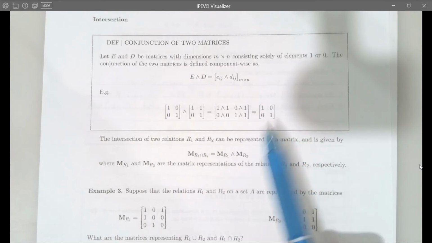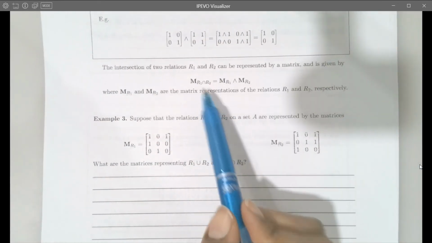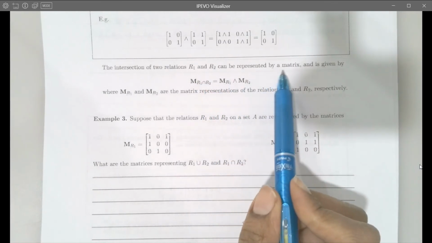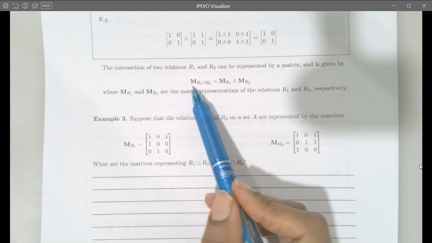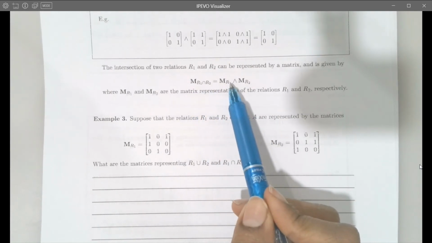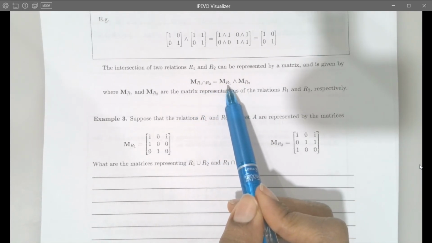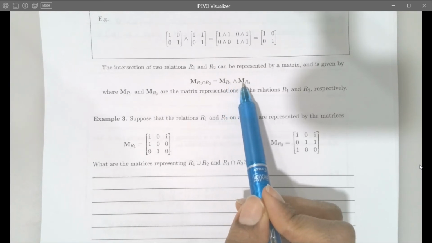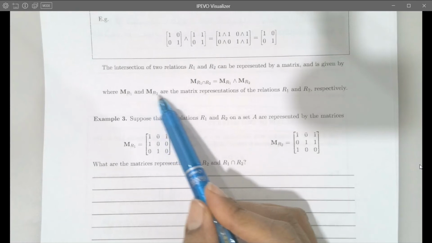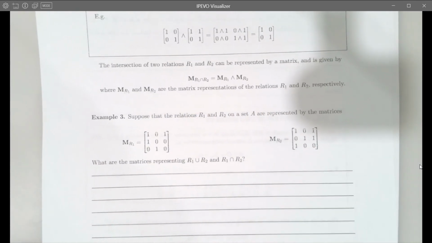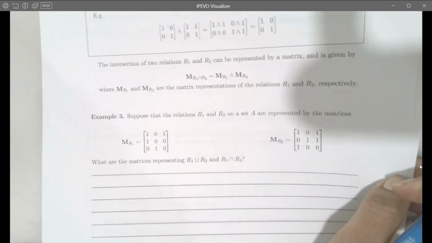Now, according to this definition, the intersection of the two relations can be represented by a matrix, and it's going to be given by the matrix of the intersection is the same as matrix of R1 conjoined with matrix of R2, where MR1 and MR2 are the matrices of R1 and R2 respectively.